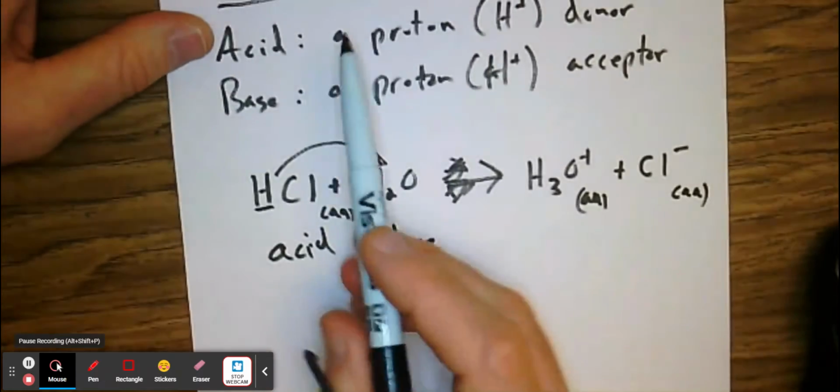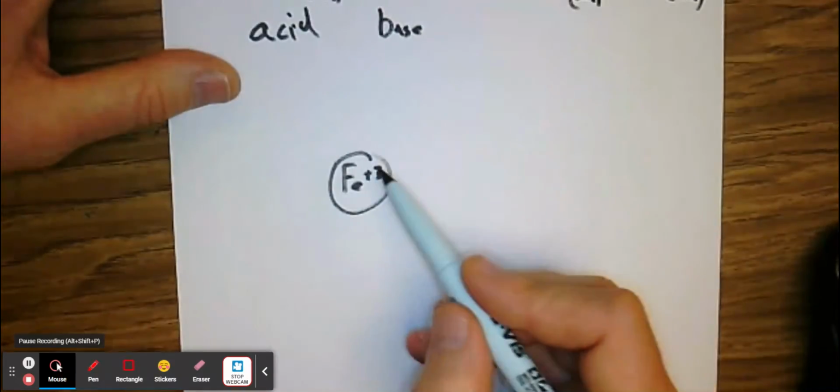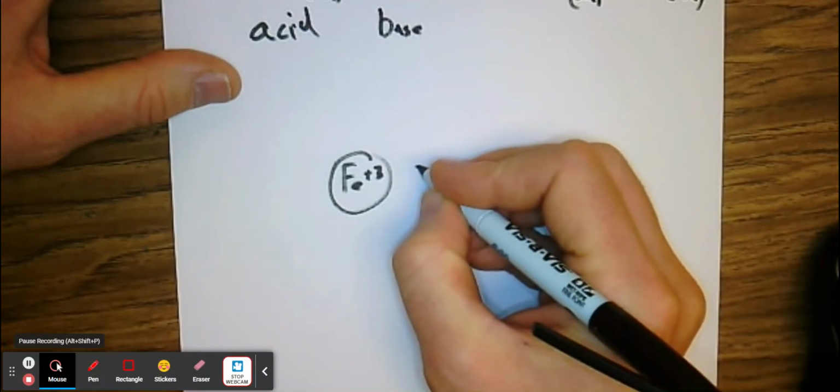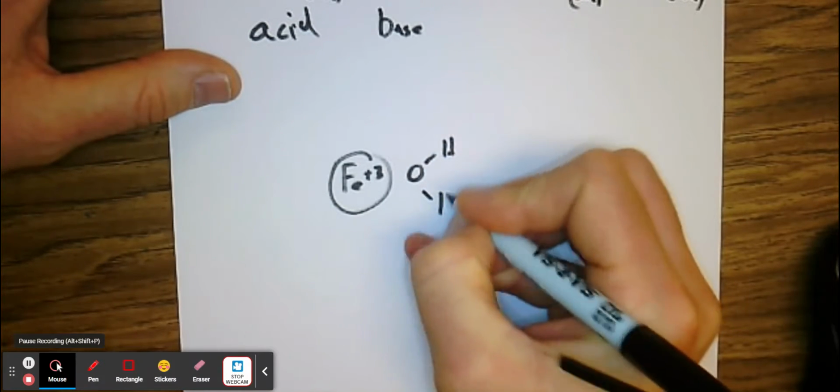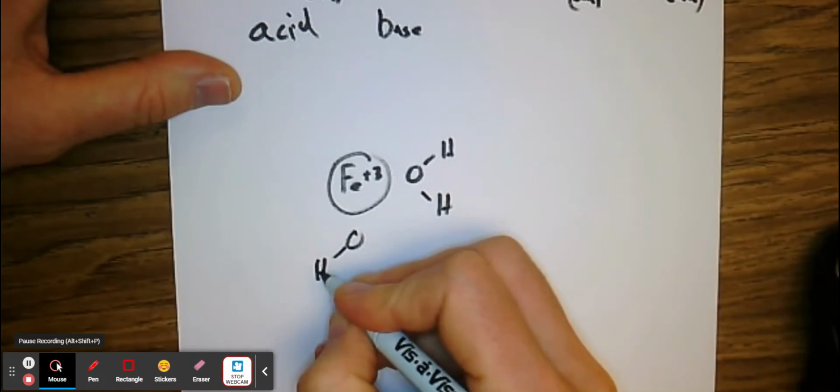Here's another example of a proton donor. Some metal cations, when they're in solution, form complexes like this.